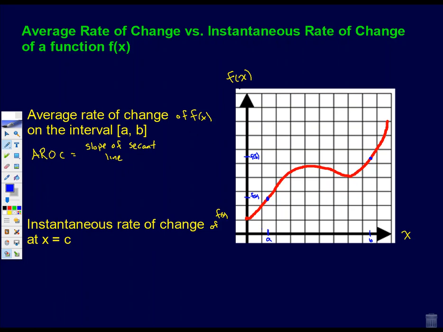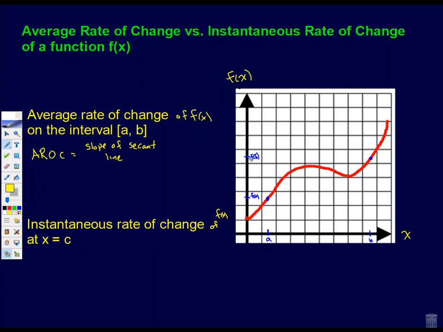So a starting context for this might be, remember the very first day of class when we were watching the roller coaster? Maybe this is the graph that shows how many feet or how many meters the coaster has traveled over a particular interval of time.